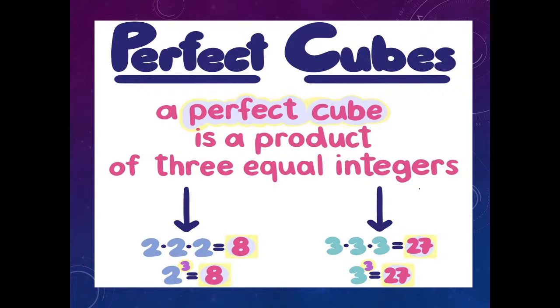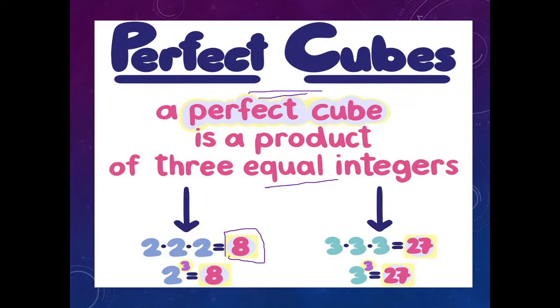Now, what are perfect cubes? Perfect cubes are the cubes which have a product of three equal integers. So if I say 2, the perfect cube of 2 is 8.